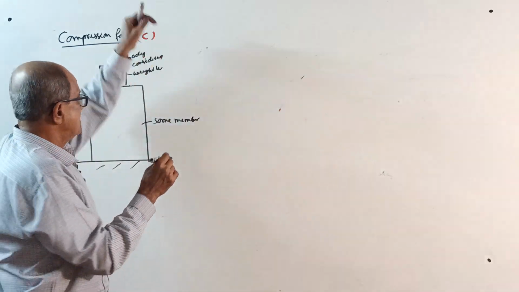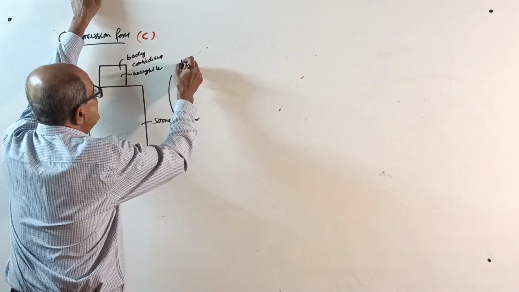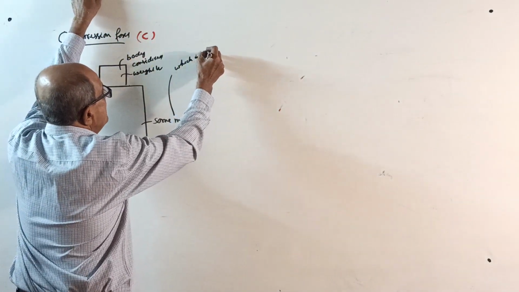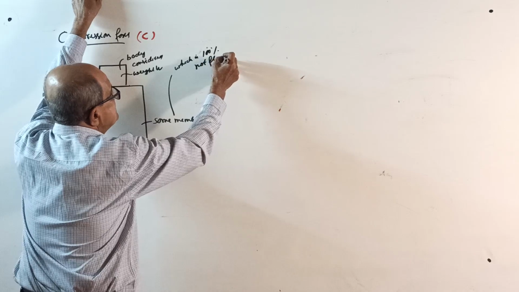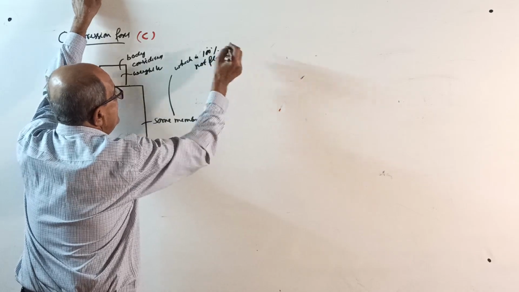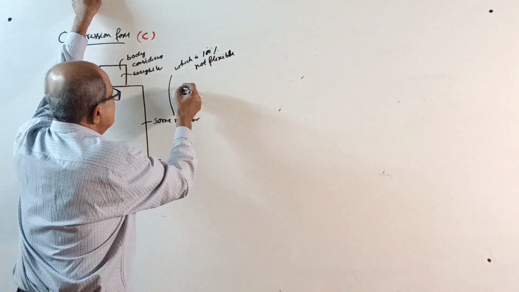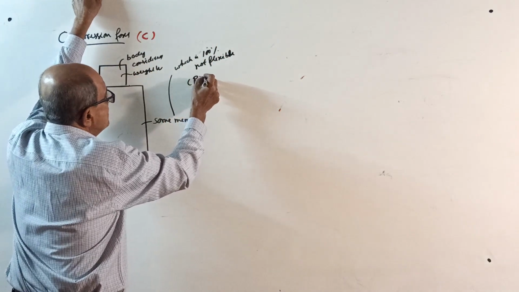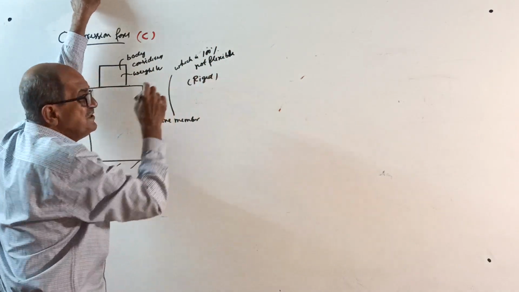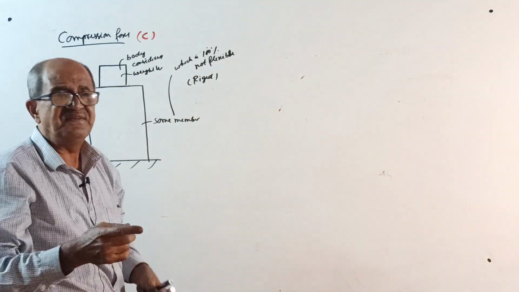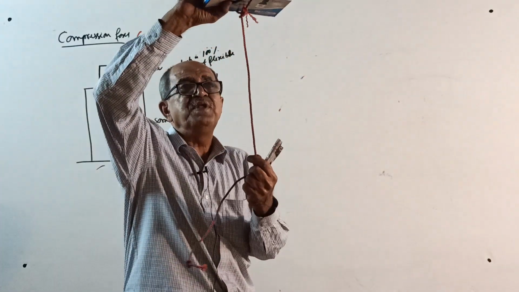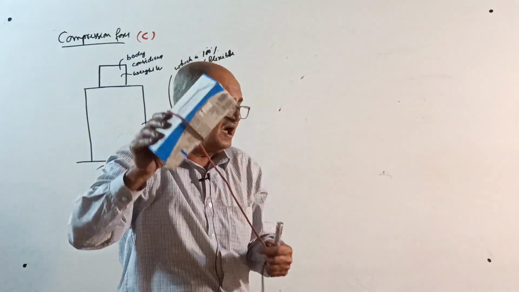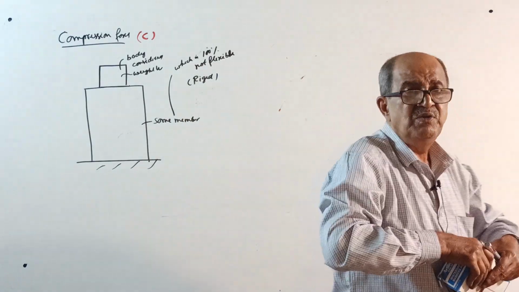It should be 100% not flexible, rigid or somewhat rigid. If it is flexible, it will not stand. If you place a body on a flexible member below, it will fold. It can't stand.